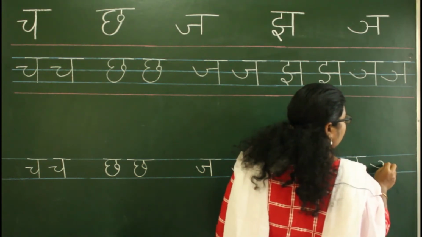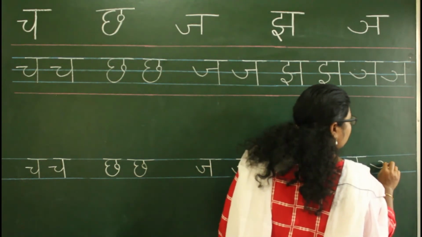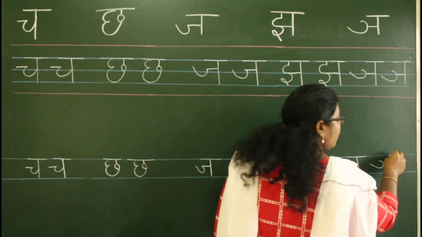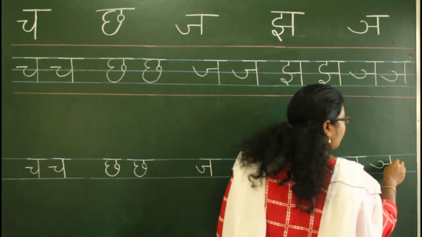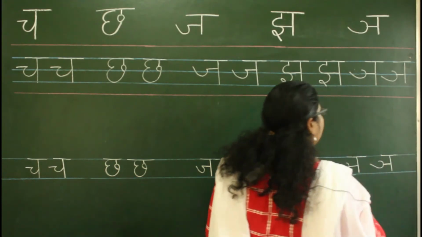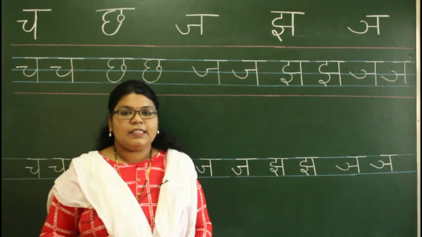Then from here, not exactly from the middle, just like this, draw a sleeping line, then a standing line, and on the top a sleeping line. This is how we write cha, cha, ja, ja, nya.